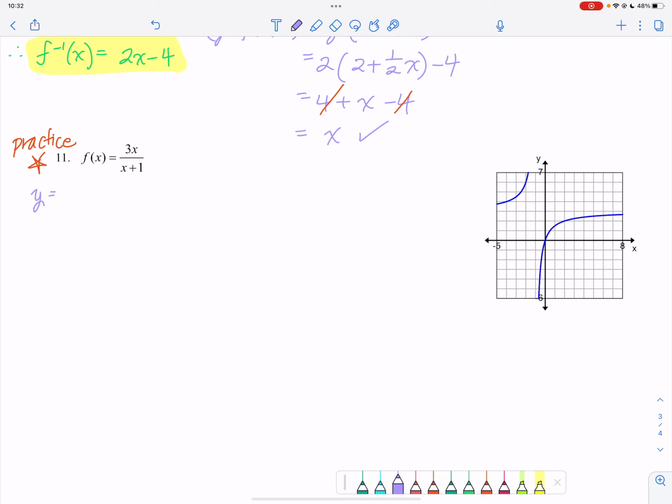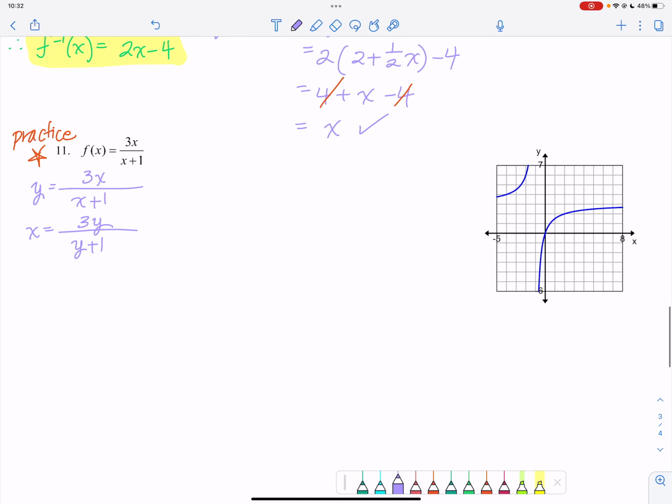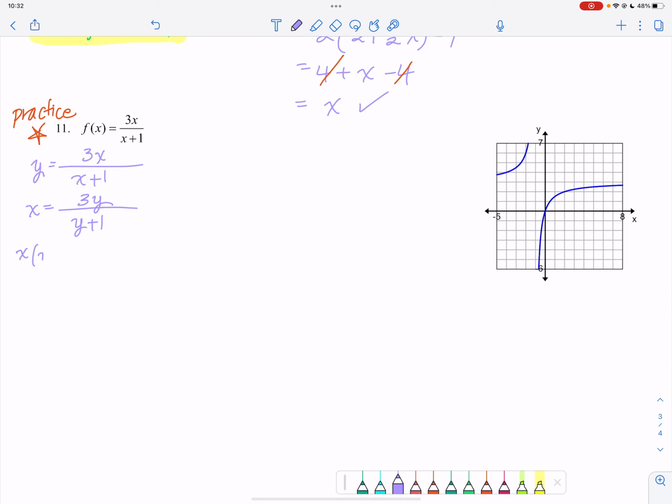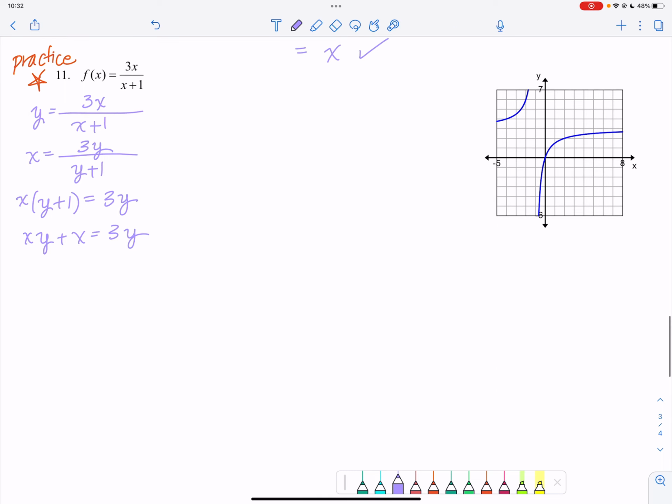We'll replace f of x with y, and now we will interchange our x and our y values. We'll multiply both sides by y plus 1, distribute the x, and now remember that we're solving for y.